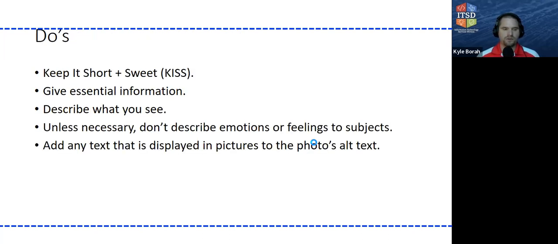So some do's. Keep it short and sweet. Don't write a whole paragraph in your alt text. Don't editorialize. You want your content, your blog post, your website to do the speaking. The alt text is just a short description. Give essential information.